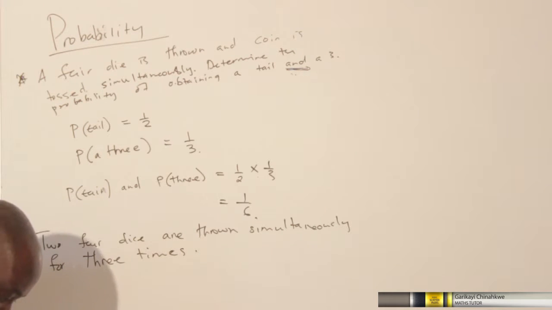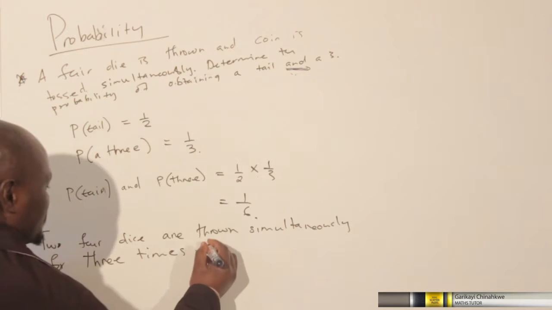The question is, what is the probability of obtaining at least one 3?